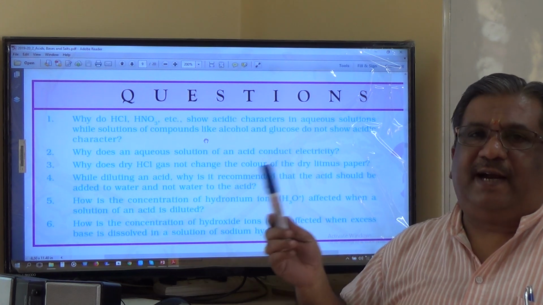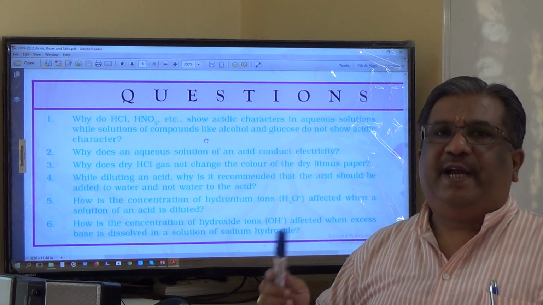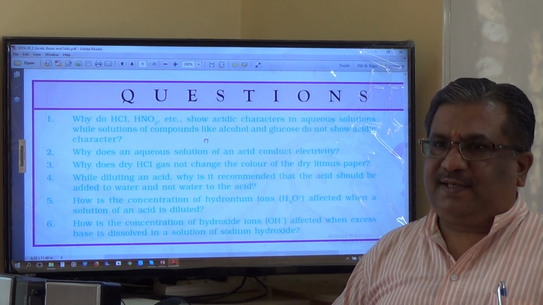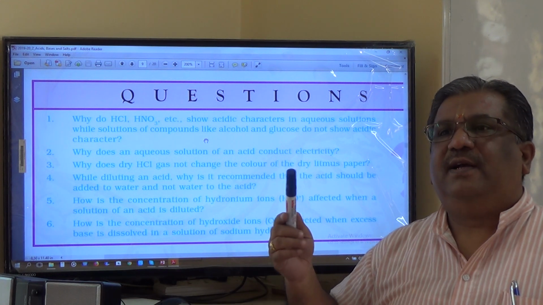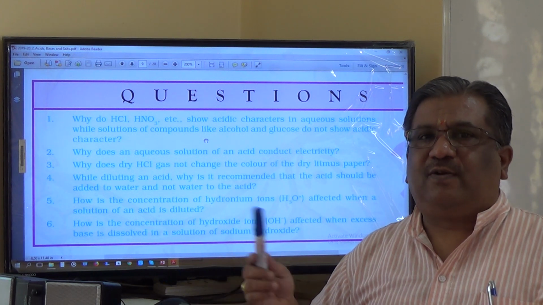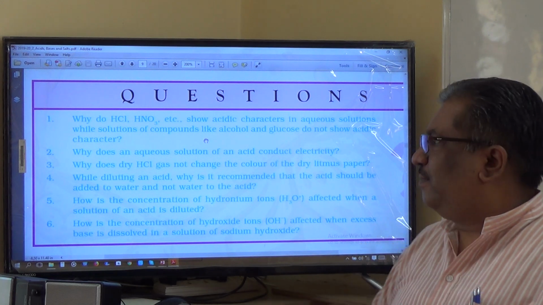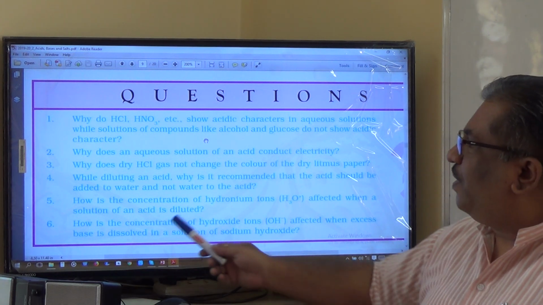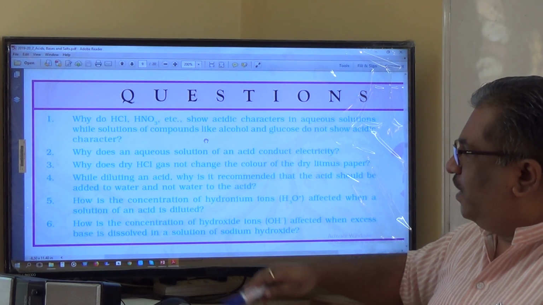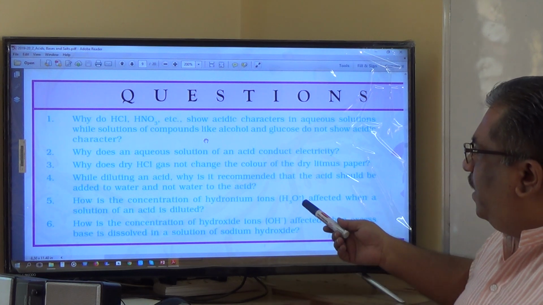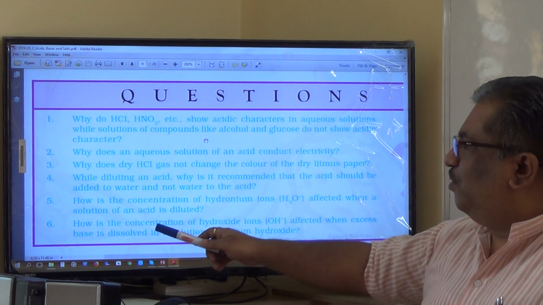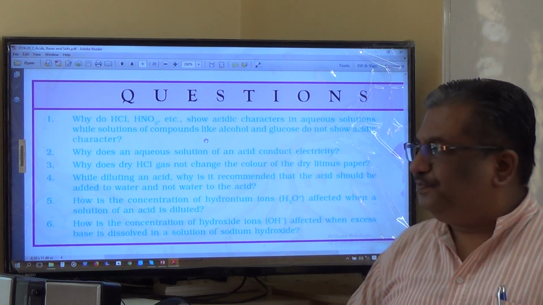Otherwise, if water is added to acid, the excessive heat produced may result in the breakage of the apparatus, or also due to the highly exothermic nature, the mixture may splash out and cause severe burns to the person who handles the acid. How is the concentration of hydronium ions affected when a solution of an acid is diluted? The concentration of hydronium ions per unit volume decreases when a solution of an acid is diluted, isn't it?